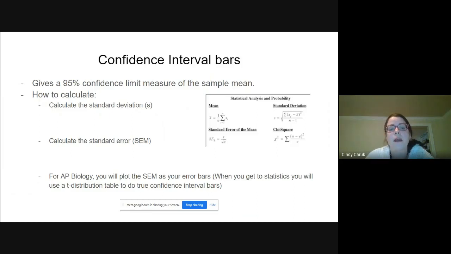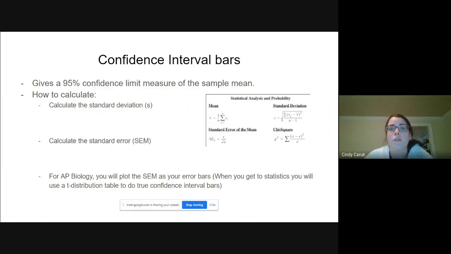For AP Bio, we are going to plot our standard error of the mean, SEM, as our error bars. When you get to statistics, you're going to use a T distribution table and do true confidence interval bars then, but they don't give you a T distribution table, and it's not part of the curriculum here in AP Bio.